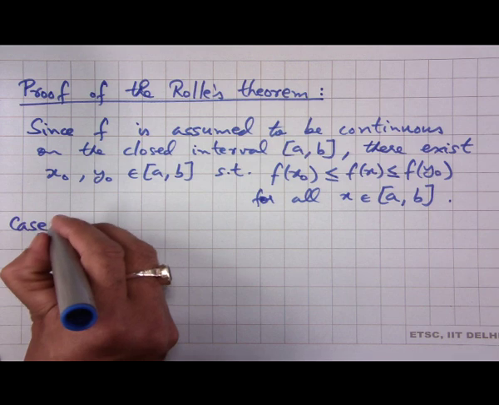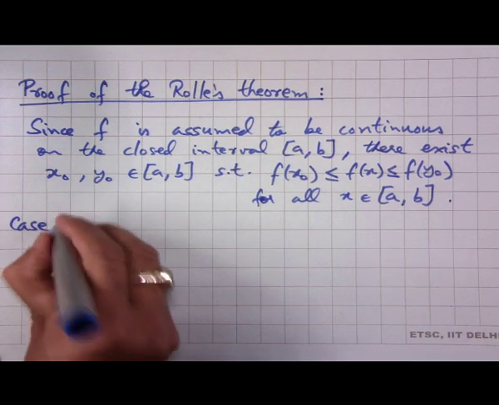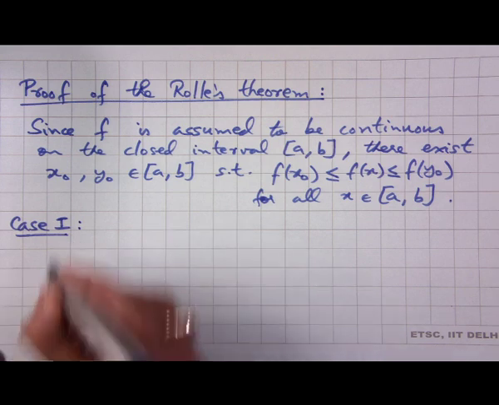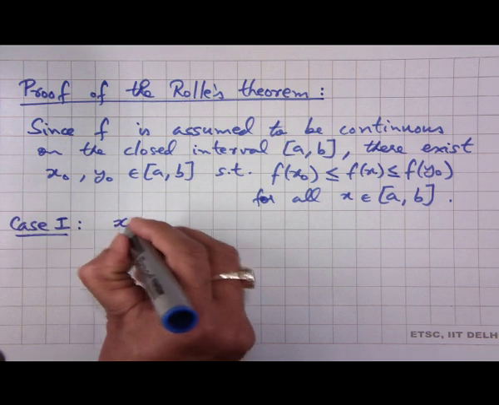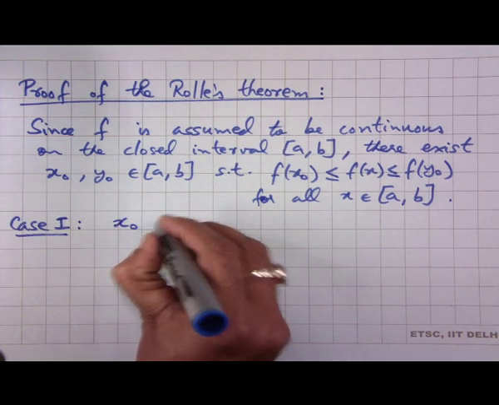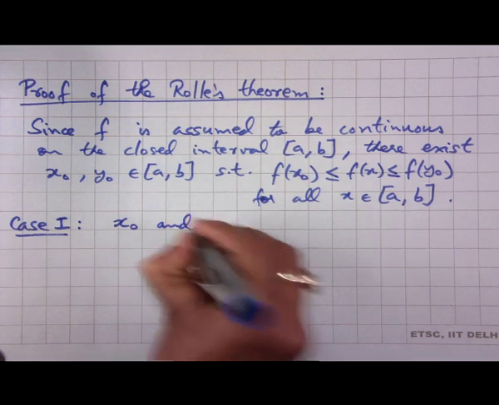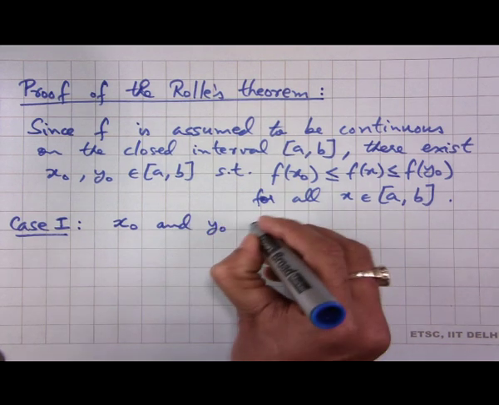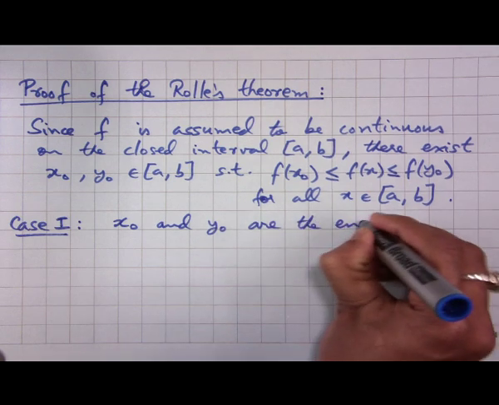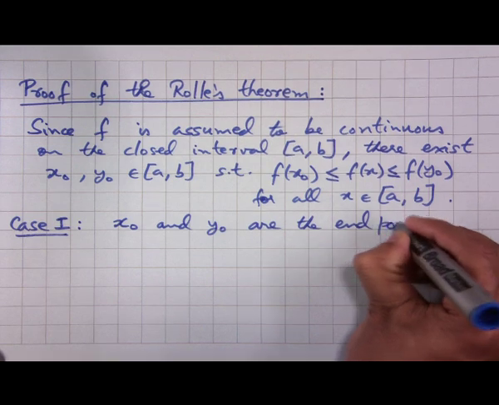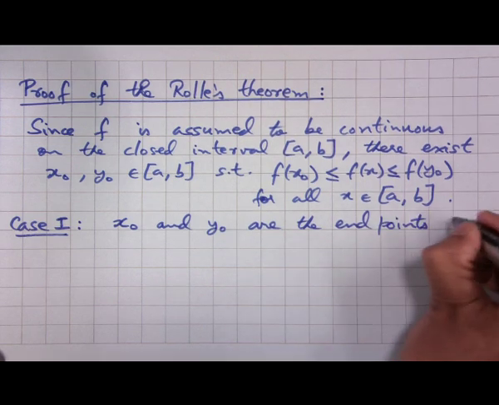Case 1, x naught and y naught are the end points a and b.